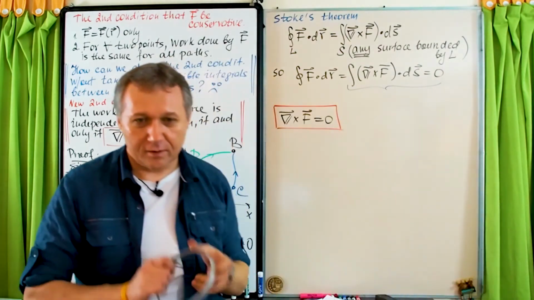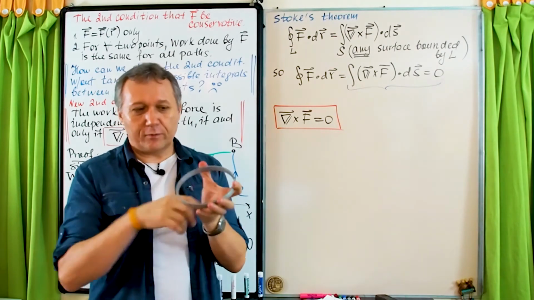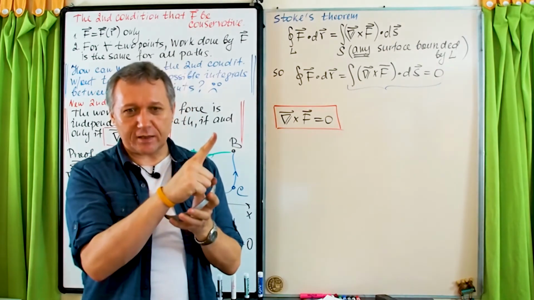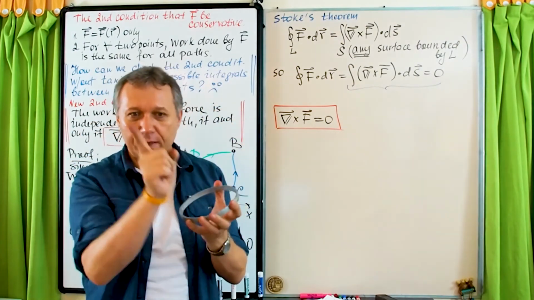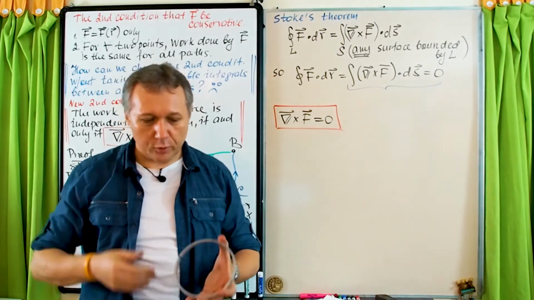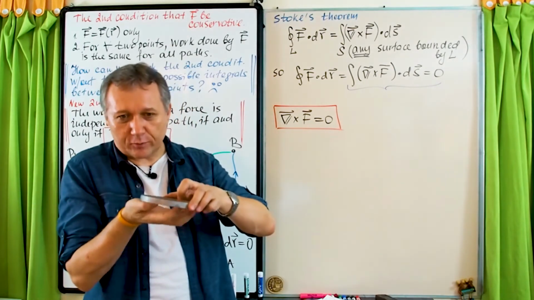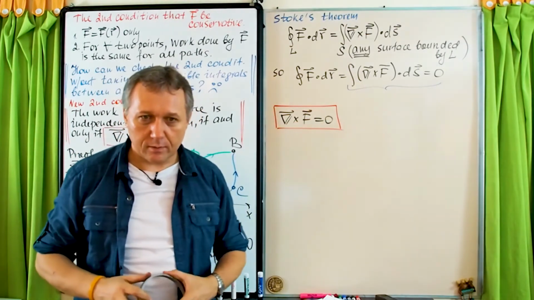Here. For a flat surface, dS will be perpendicular, right? If it's a baggy type surface, dS can be that way, this way, that way. You can make the surface more complicated, and dS can be in all possible directions. Or you can create a baggy type surface on this side, right? Again, dS can be in all directions.